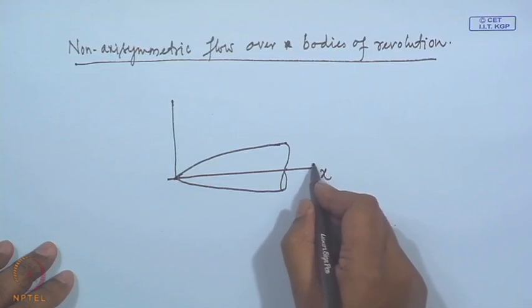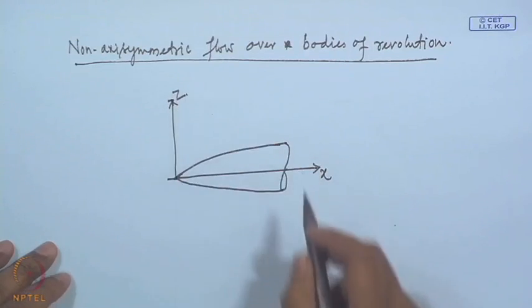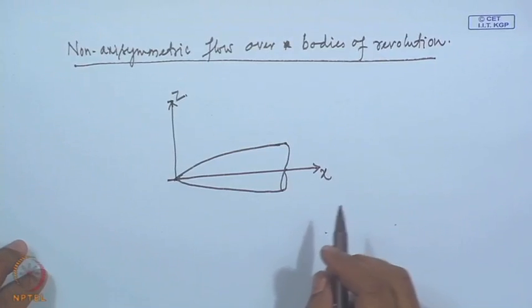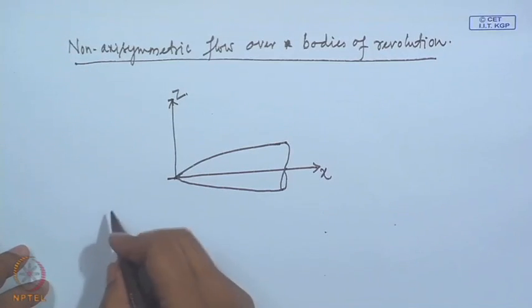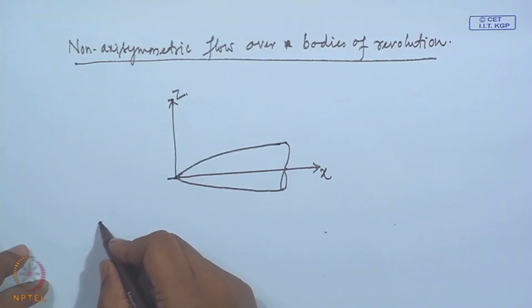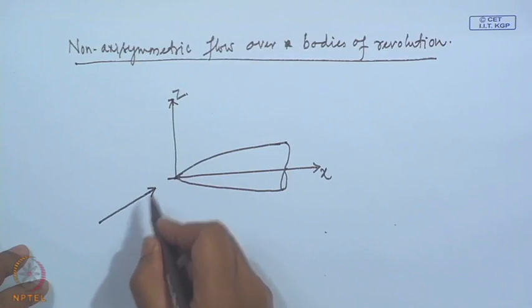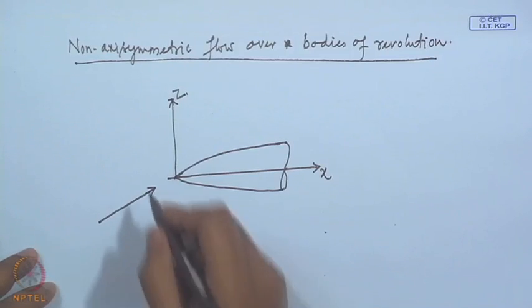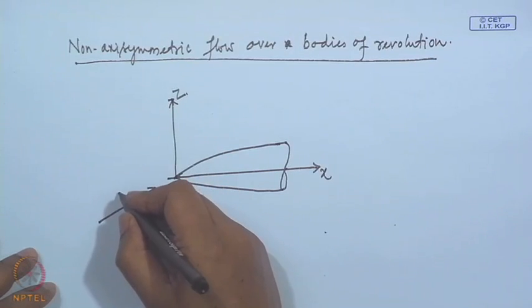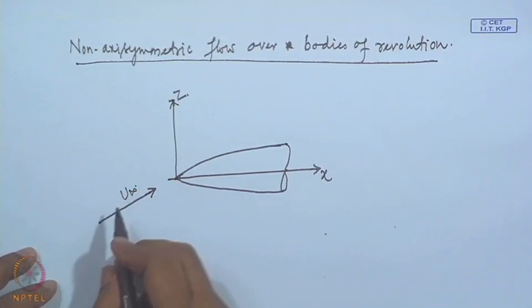There is the axial axis x and the normal axis z. And let us say that the free stream is not along the axis, but aligned at an angle of attack. We call this u infinity, and the angle of attack we will call alpha.